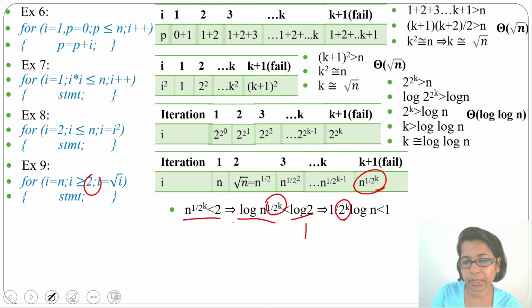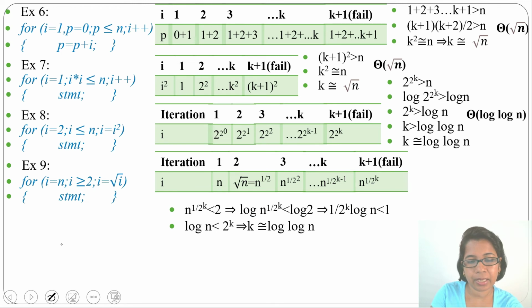This 2 power k you can take to the right side. So log n is less than 2 power k. What is k value? k value will be greater than log of log n. Approximately you can say k is equivalent to log of log n.